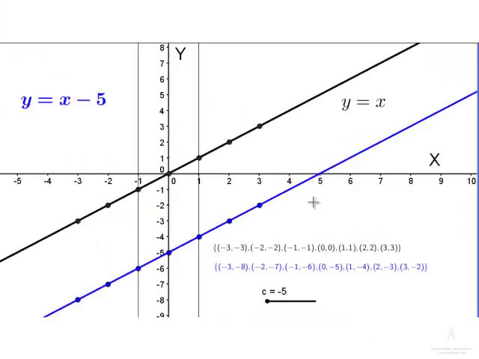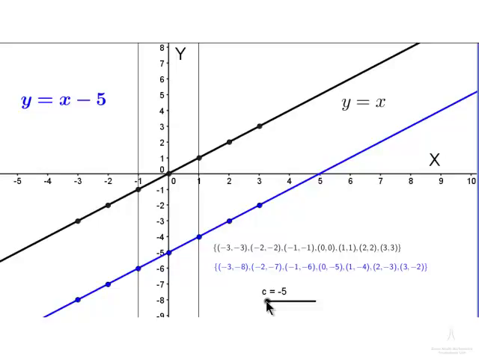We are now going to investigate vertical shifts. Now let's look at the setup. We have the basic linear function defined by y equals x. We have another function here, the blue function, which is shifted vertically up and down by means of this slider.